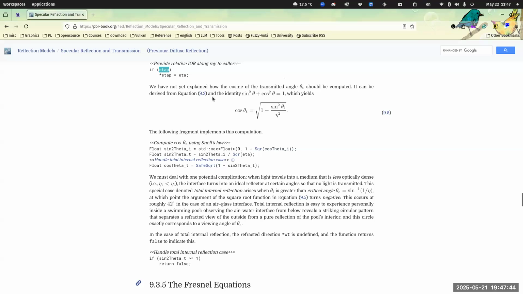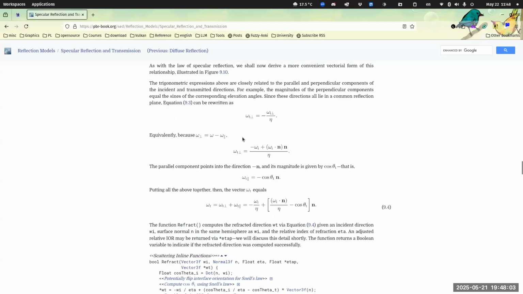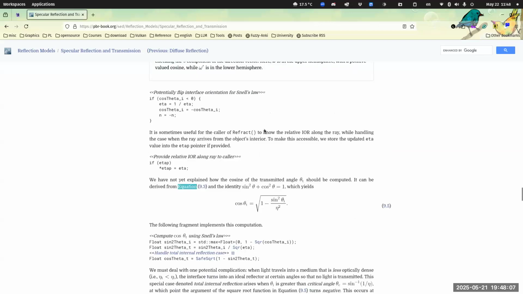How the cosine of the transmitted angle can be computed: it can be derived from equation 9.3 and the identity that sine squared plus cosine squared is 1. Wait, what is 9.3? Oh, just Snell's law.